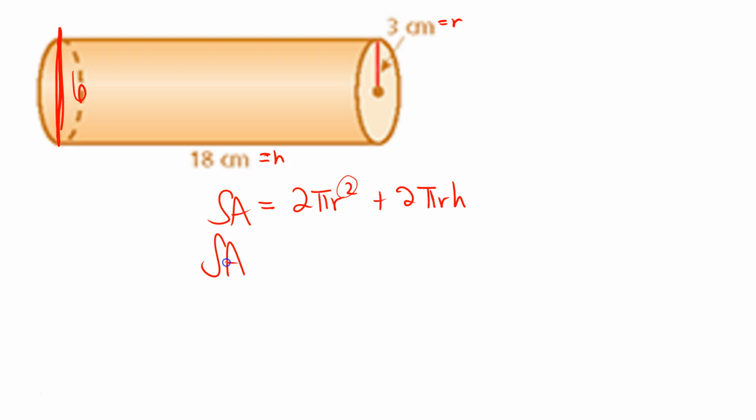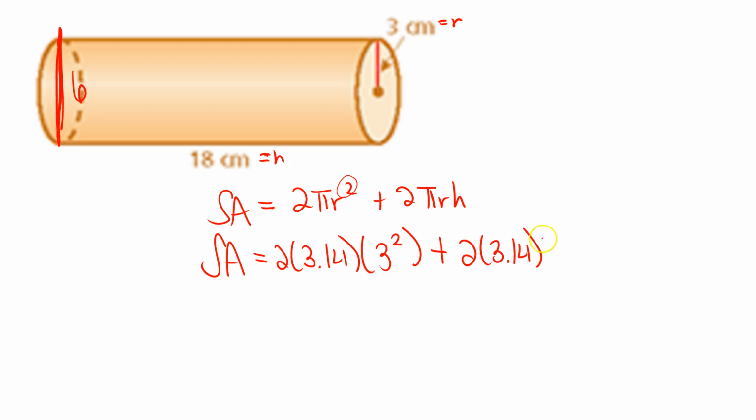You should have had surface area equals 2 times 3.14 times the radius, 3 squared, plus 2 times 3.14 times the radius of 3 times a height of 18.